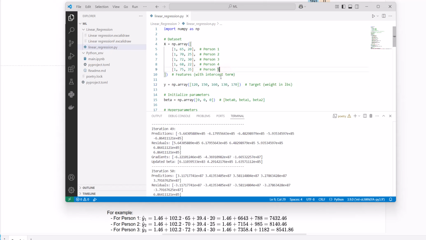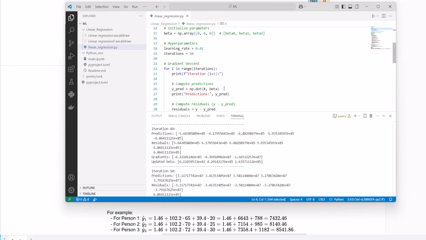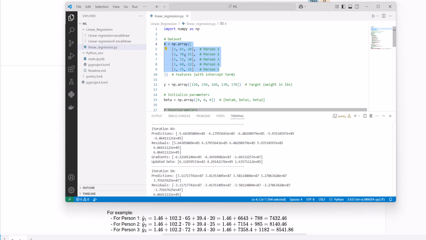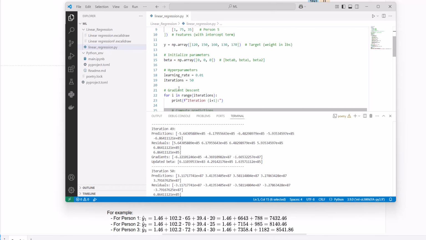I will attach this code, and you can try it yourself and replace this with your data. Try to load it from a file or from somewhere else, and try to find the beta. As you see, here I have two values, and that's why I have only three betas.